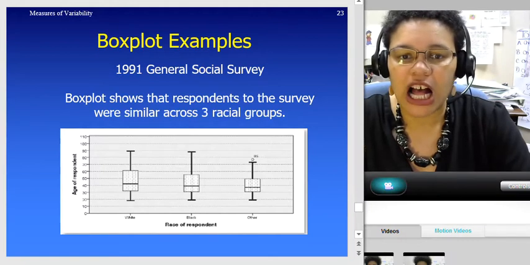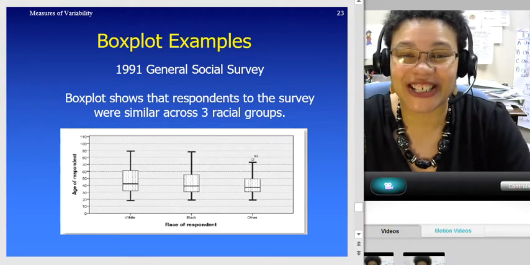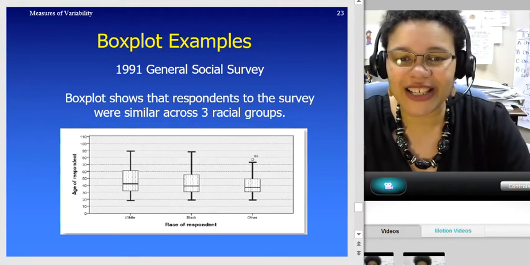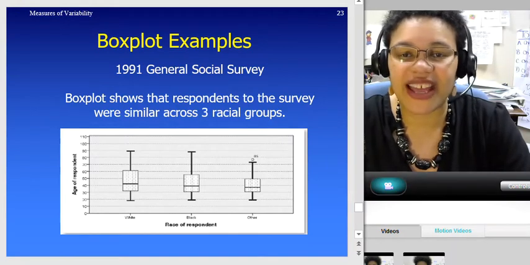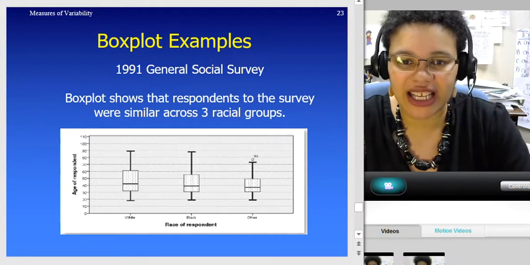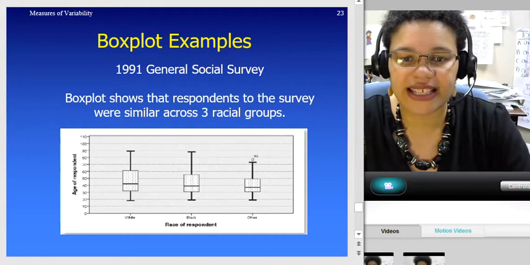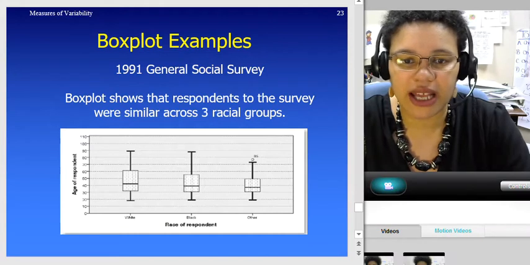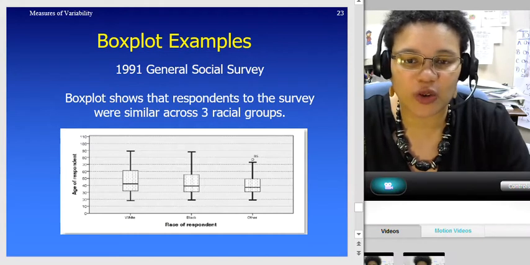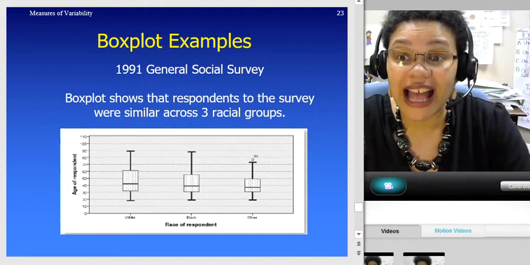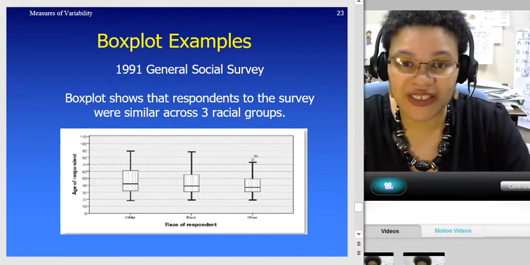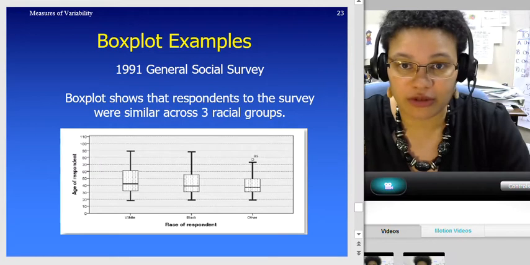Whatever this study was about, I don't know, the General Social Survey, almost everybody, white, black, or other, whatever this event they were talking about in this study, it happened when the person was around 40 years old. Okay, because I can see that this median is hitting around 40 years old.